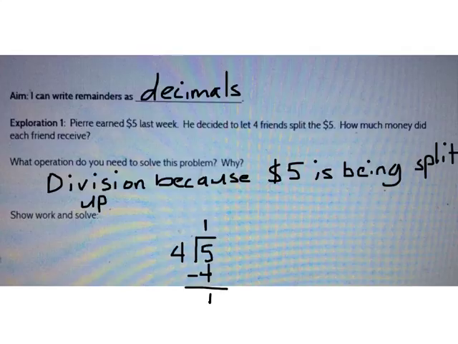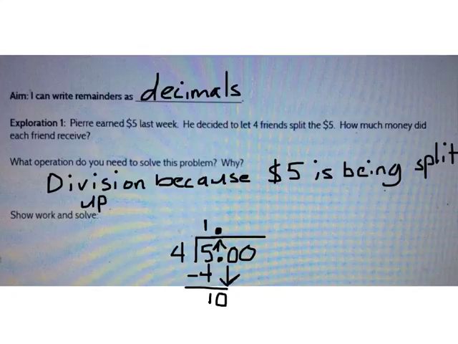Now, it wouldn't make sense for each person to get one remainder $1. I know that there's another way I can write $5 that would make it easier for me to split this up. I can add a decimal point and 2 zeros to my 5. Do that on your paper now. And bring the decimal straight up. If I do that, I can keep dividing.